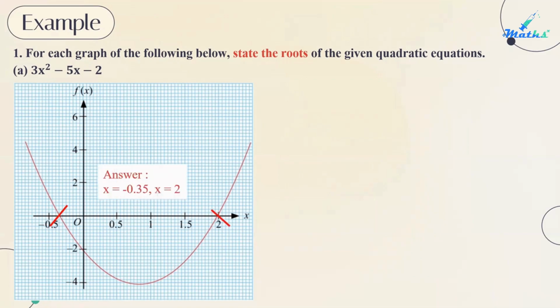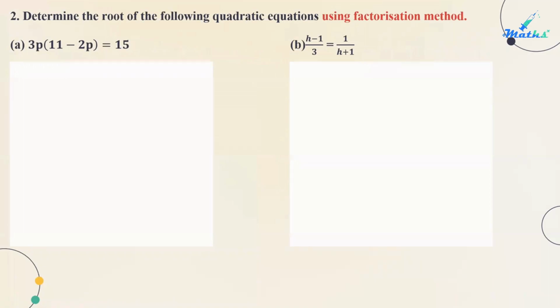Another example. Determine the roots of the following quadratic equations using the factorization method. For question A, multiply it and it will become 33p minus 6p squared minus 15 equal to 0.